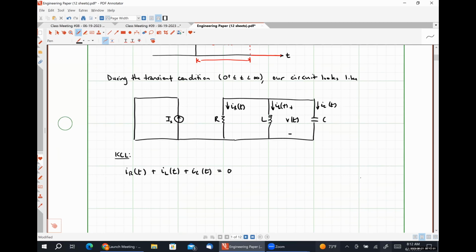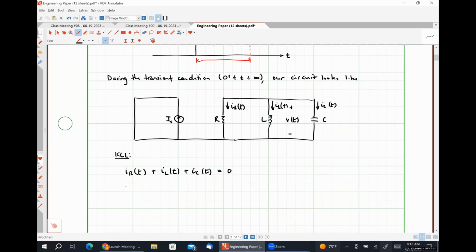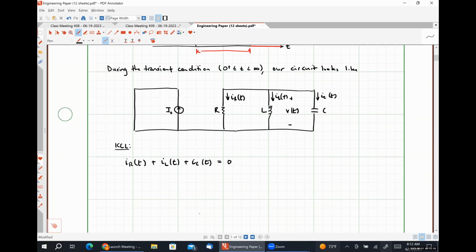So using Ohm's law, IR is going to look like V of t divided by R. My inductor current is going to look like 1 over L times the integral from some point in time where our inductor current is known, which would generally be 0.